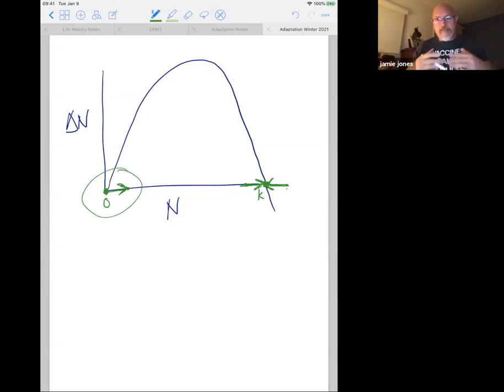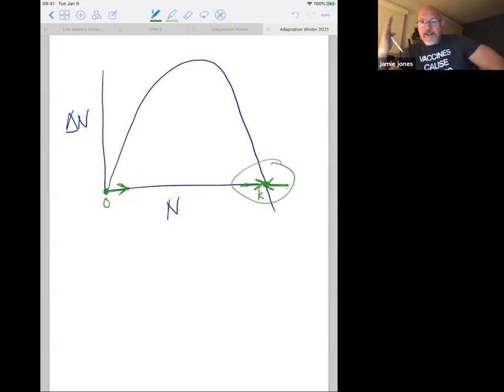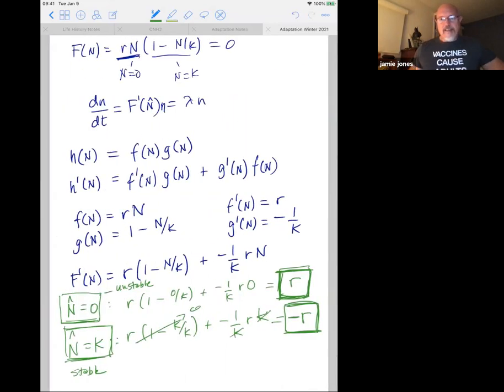You can't grow when there's exactly no one in the population, but as soon as you start adding people, you can grow. And similarly, as soon as you exceed the carrying capacity of the population, you're going to have deaths exceed births, and you're going to have the population come back down to the equilibrium. So I hope that's useful to see this graphical approach.